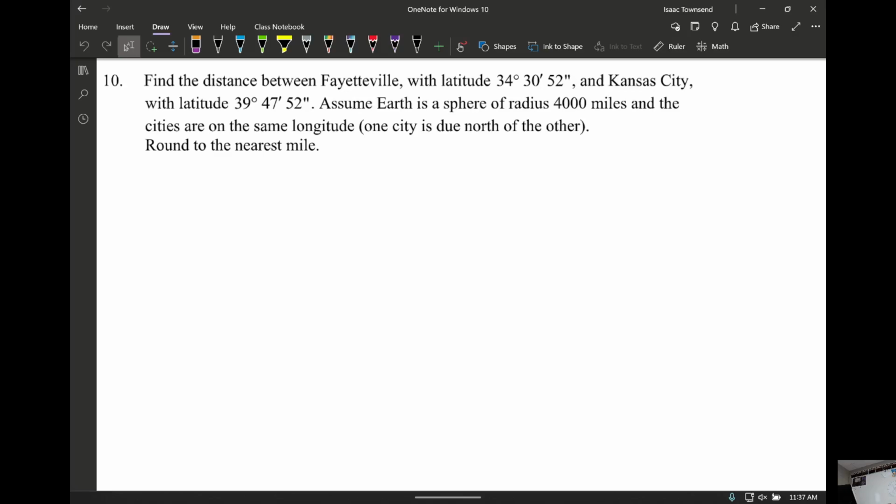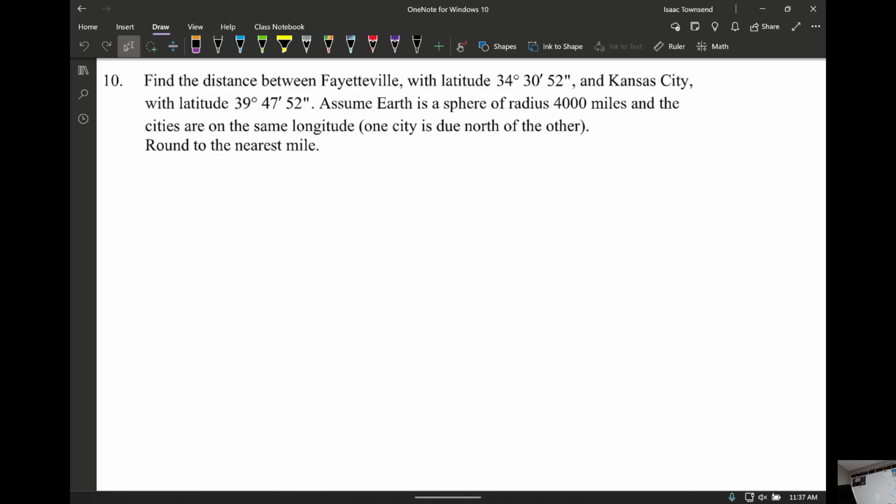All right, so questions 1 through 9 all look like stuff from the notes and from the bookwork, and basically just skill practice. But this number 10 is trying to get you to pull all of these skills together.